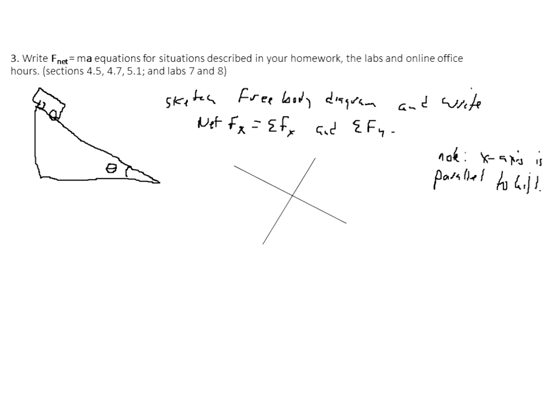So the forces that we're going to have here are the gravitational pull of the Earth, the contact push of the road, which I could have made a little bit longer, I think. And then let's say there's some friction.